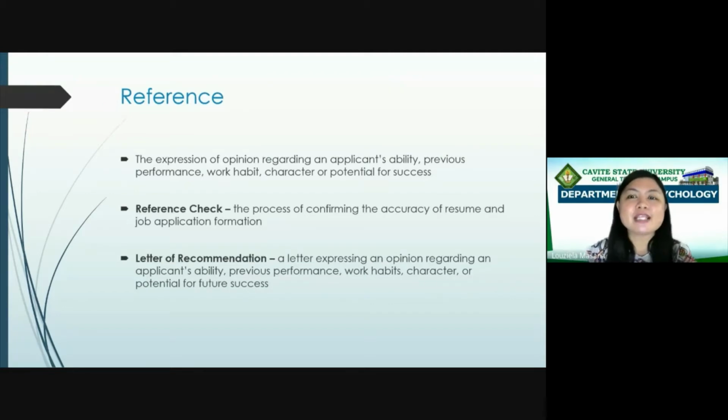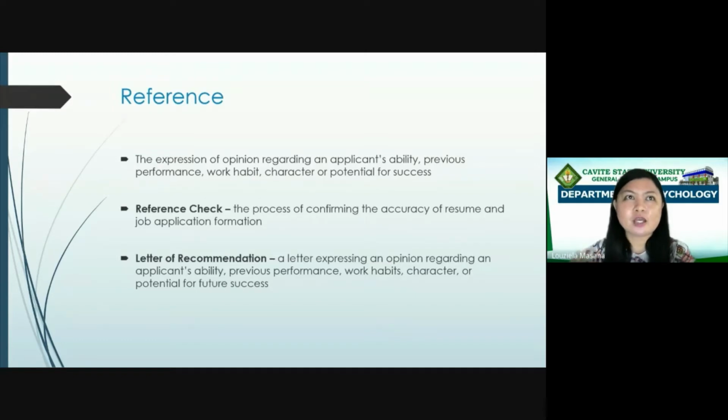So yung reference check, di ba sa resume ninyo, meron doong nakalagay na character references. You have to make sure that when you put their names, these are really credible persons and someone who can say something about you, about your qualifications.